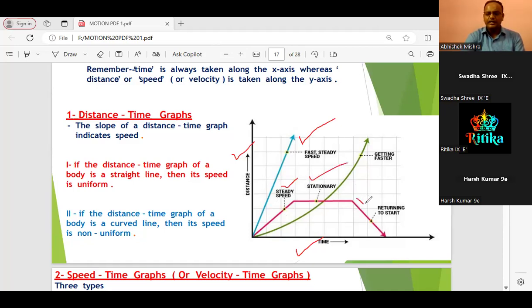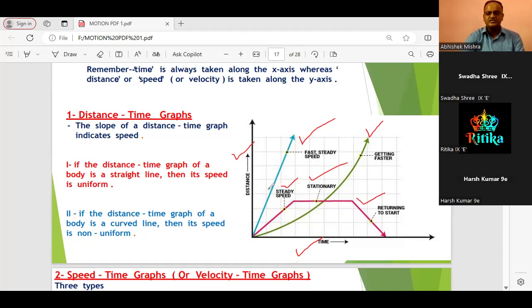Then it returns to the start, that means decreasing. And this green graph indicates that with time the speed is getting faster and faster.